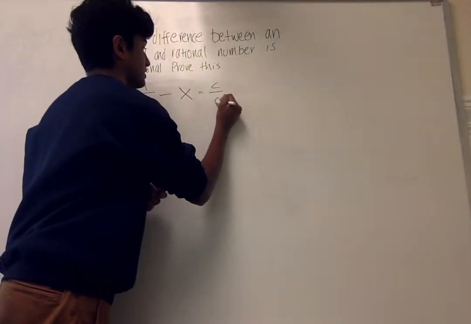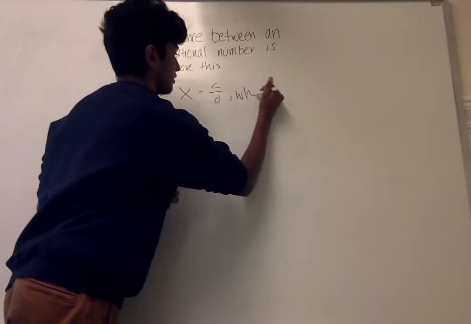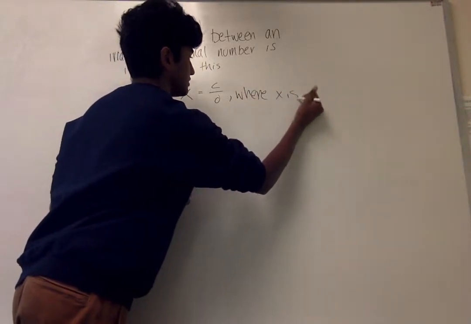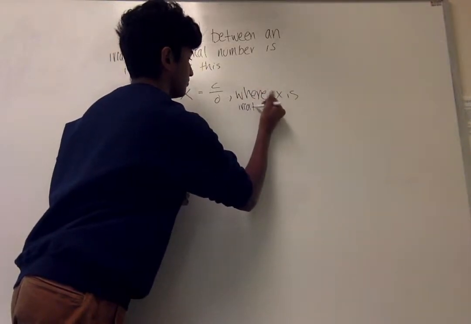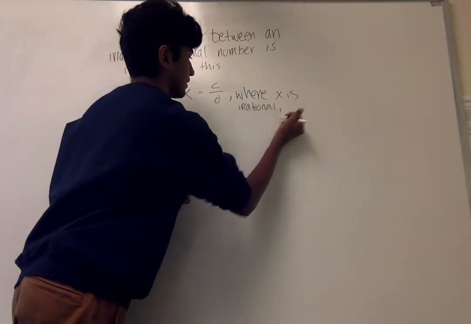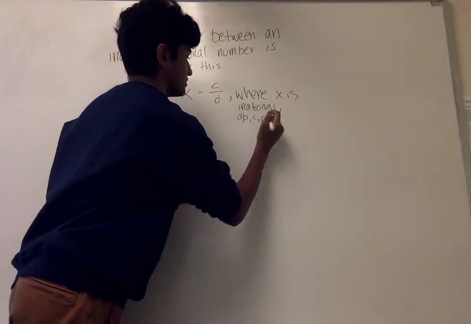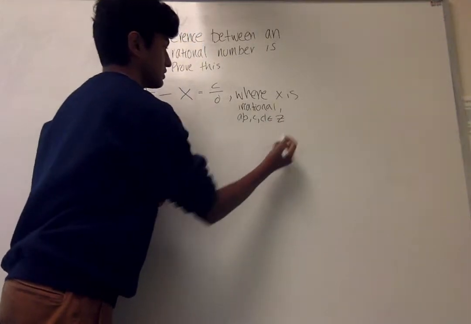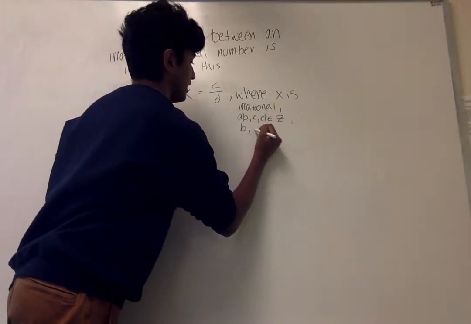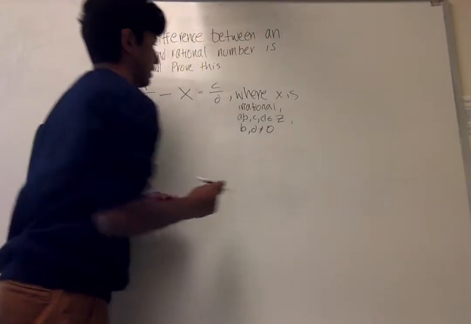So c divided by d, where x is irrational, a, b, c, and d are elements of the integers, and b and d are not equal to 0, right?